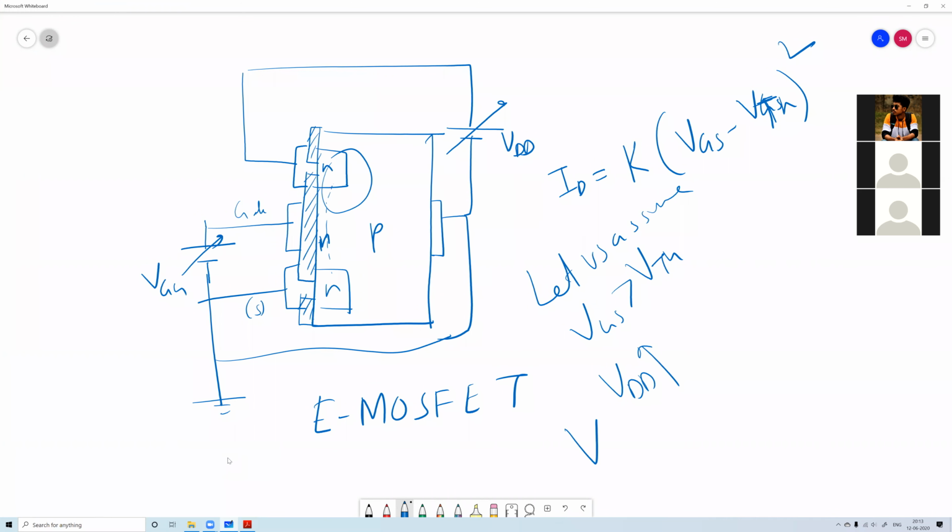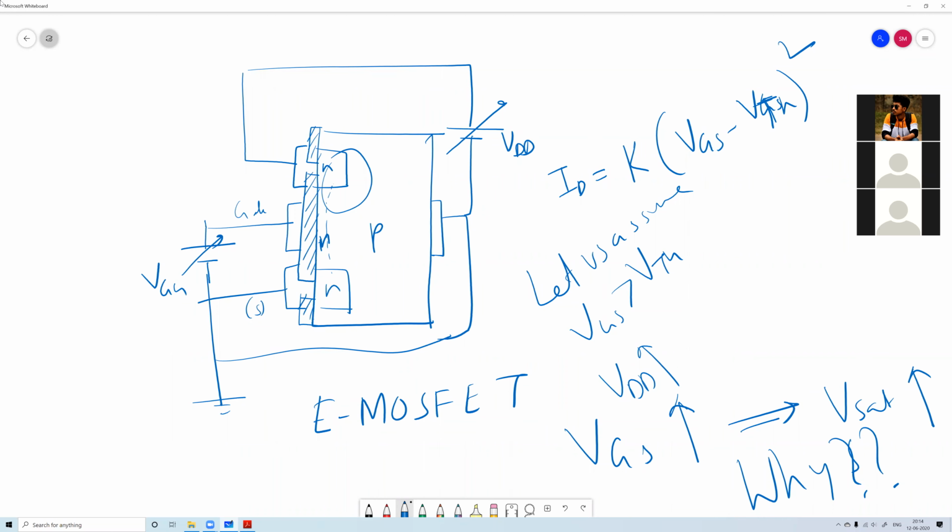If I increase VGS, as a result, VD sat will also increase. Why? The last question we will deal with today. Why does it increase?